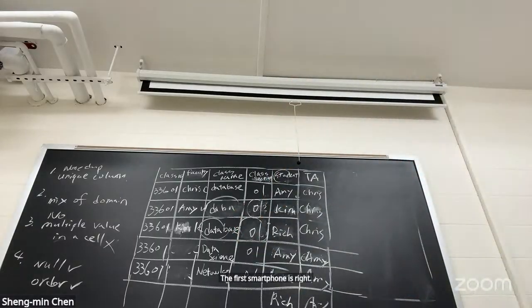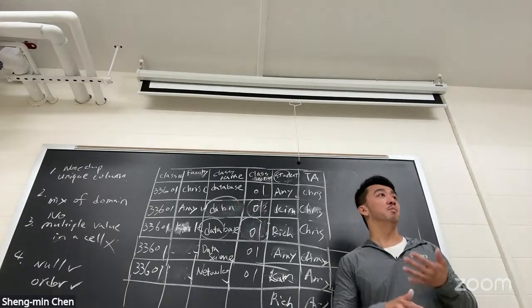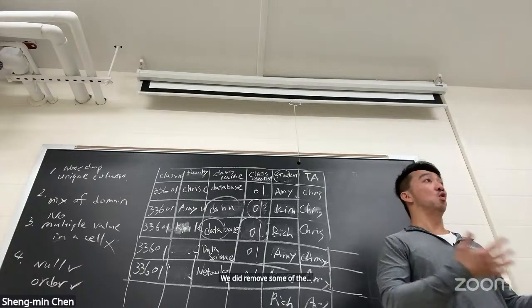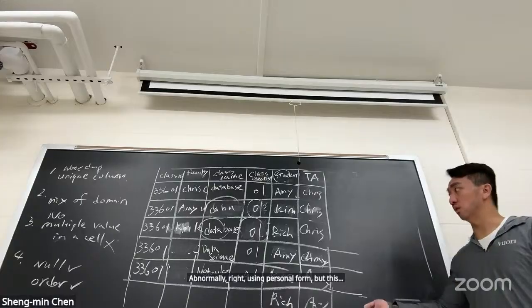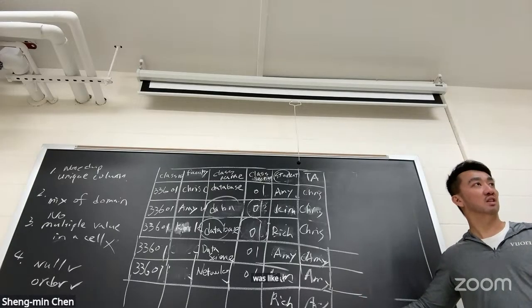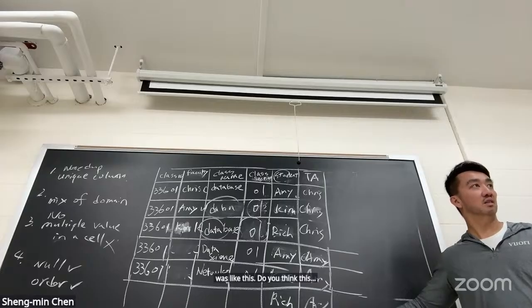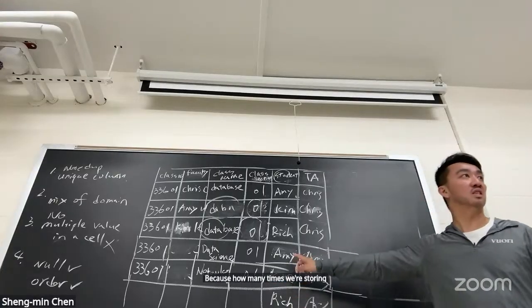Now, obviously, we did remove some of the abnormality using first normal form, but would you think that if your database was like this, this is good enough? This is definitely still inefficient, right? Because how many times are we storing just the TA and students?